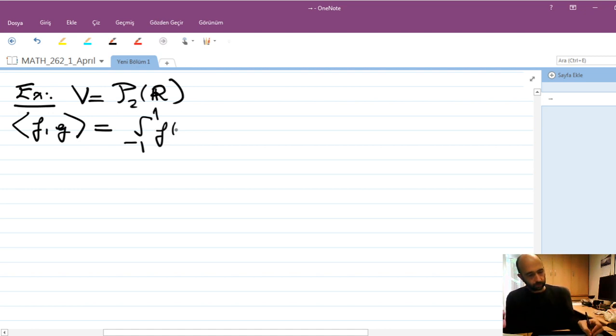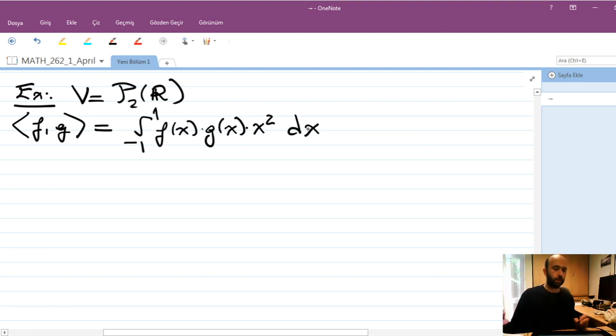So f times g times, let me make the weight function x squared. This weight function x squared is non-negative, and it is 0 only at 0. It's non-zero everywhere else, so it fits my definition.